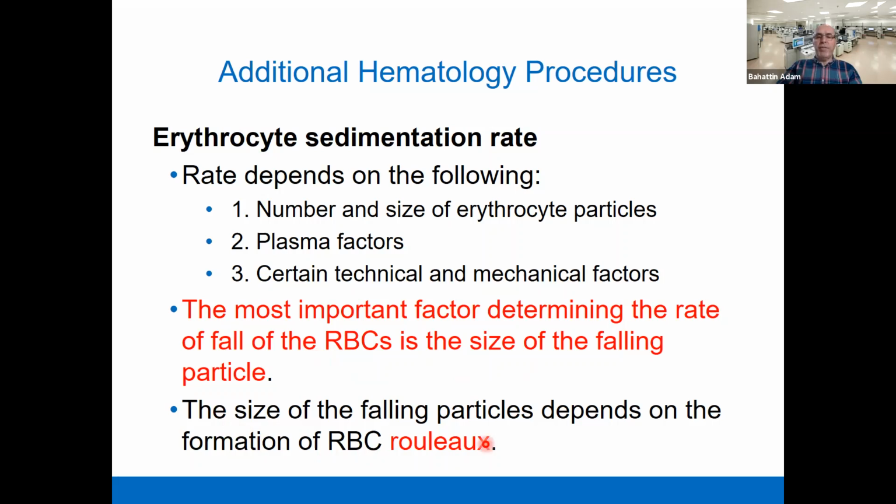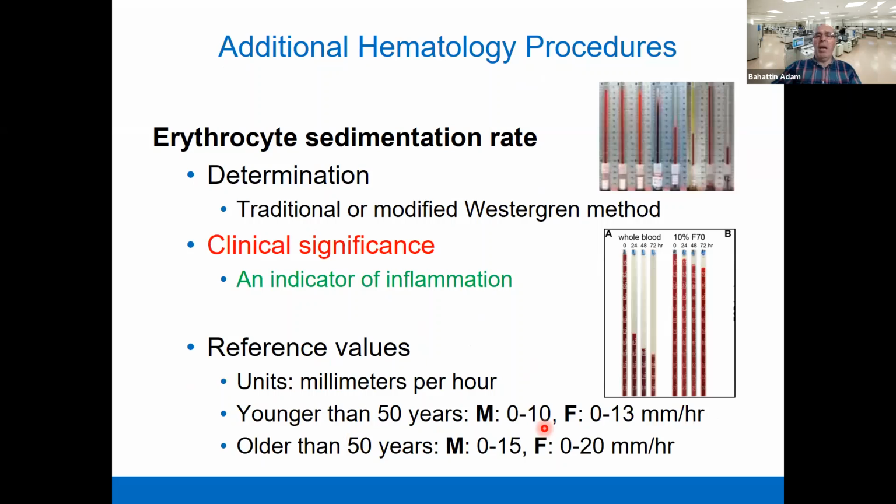The size of the falling particles depends on the formation of red blood cell rouleaux, the clumping, and then falling down. And as I'm going to show you, it is not specific, however, it is an indicator of inflammation.